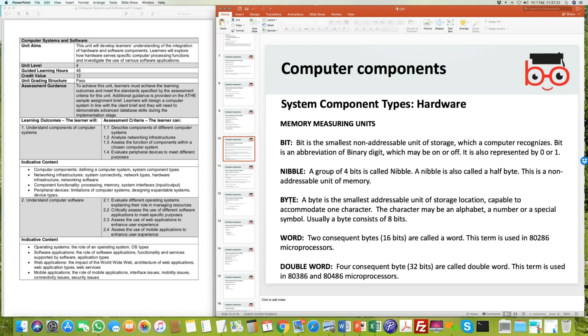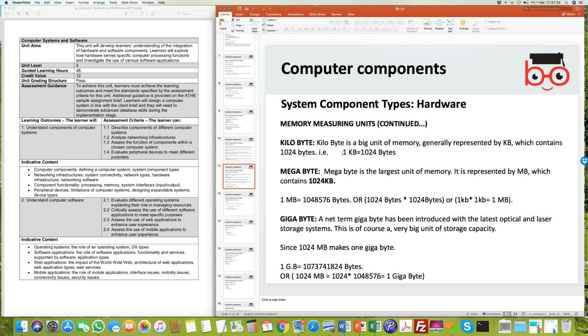So it started off as bit, nibble, went into byte, word, and today you have something called a double word, which is about 32 bits, and that was prevalent in the 386, 486 processors. But if you look at today, the ones that we normally use are gigabytes or terabytes essentially, and the number of bits they are able to store has, as you can see, quadrupled every couple of years.